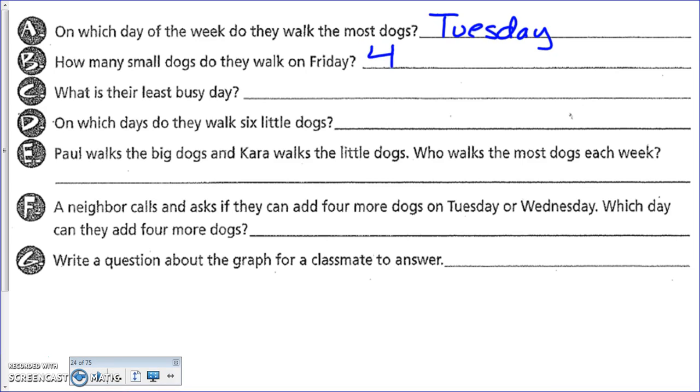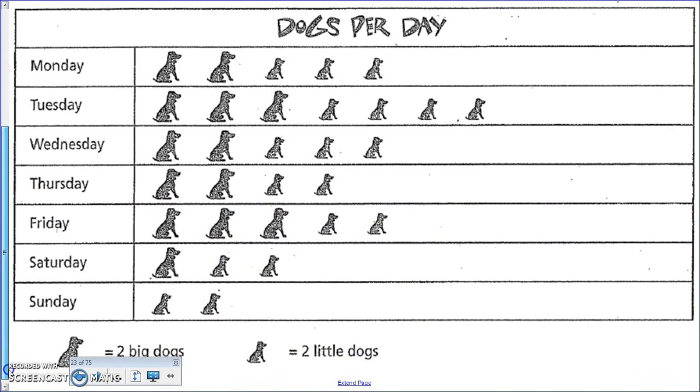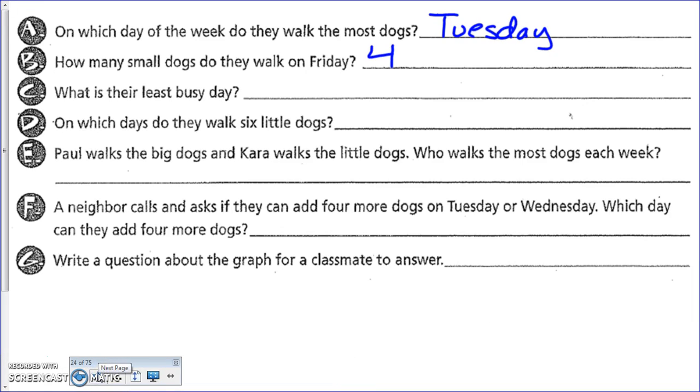For C, what is their least busy day? So again, we go back to the graph here. And if we look at it, Sunday has the fewest number of dog pictures on it, so they walk the fewest dogs on Sunday. Question D, on which days do they walk 6 little dogs?